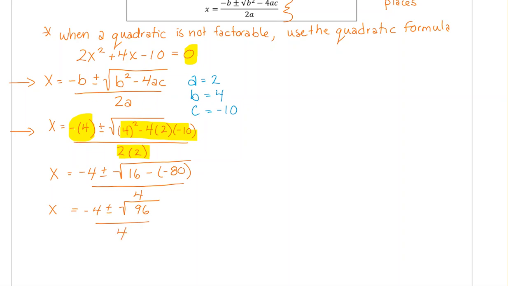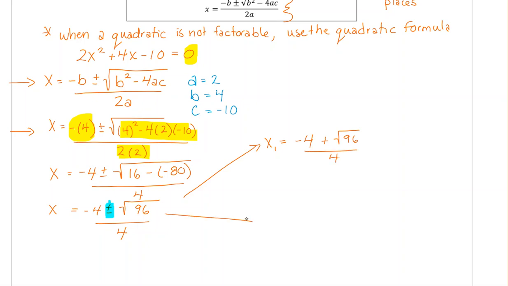This is where I would recommend you split the equation into two separate parts, and where this plus or minus comes into play. Up until now we have had everything have 2 solutions. The first value of x is negative 4 plus the square root of 96, divided by 4.